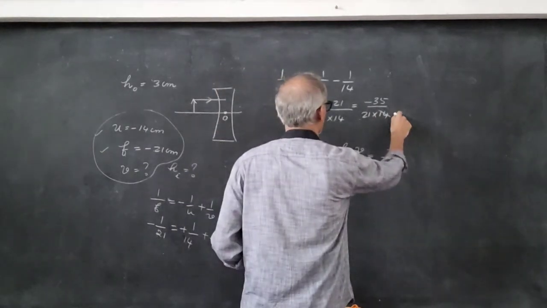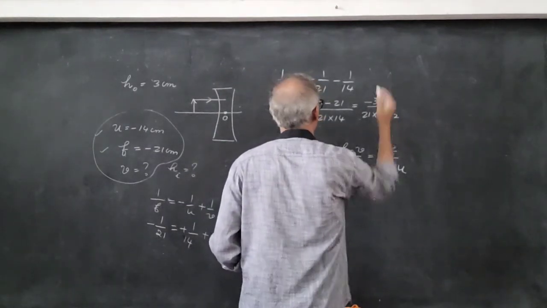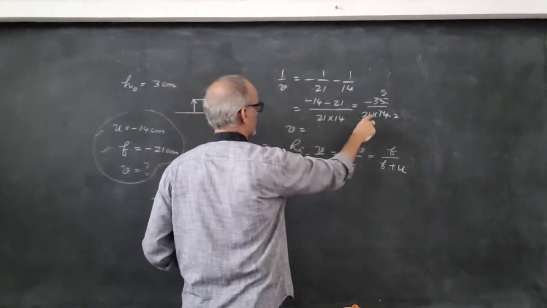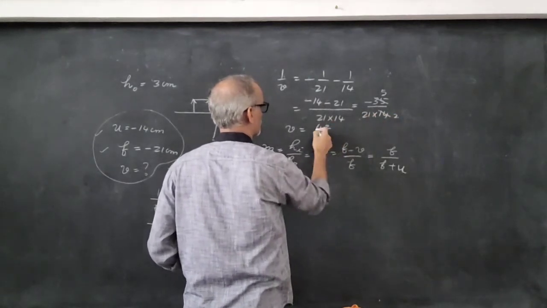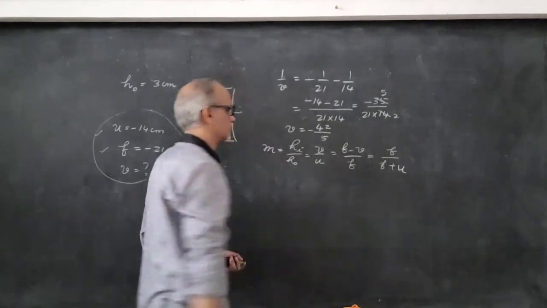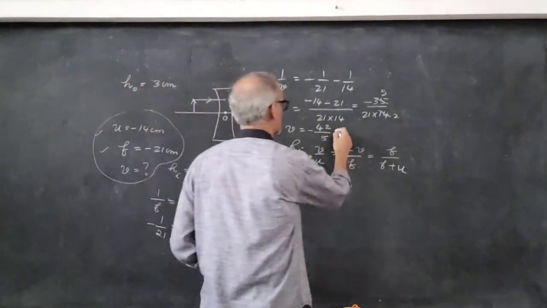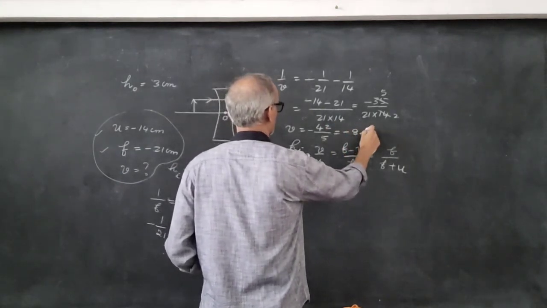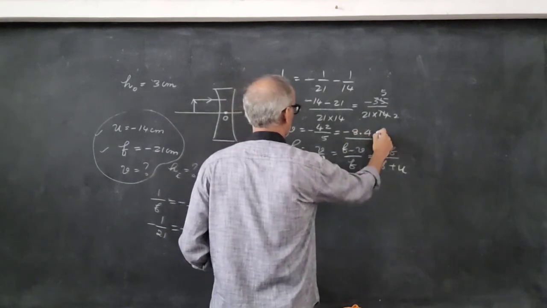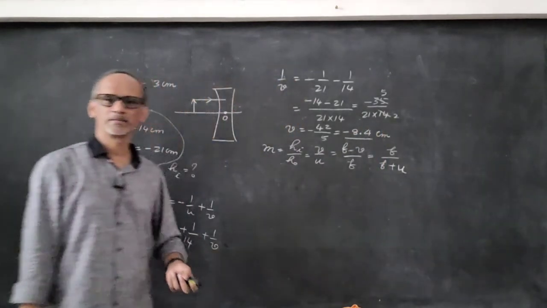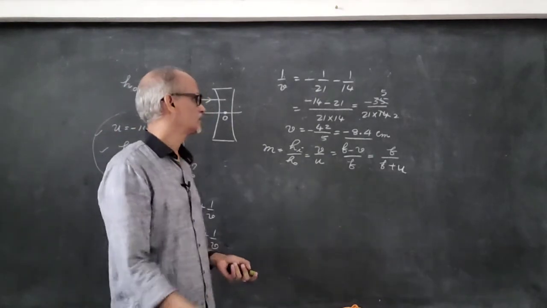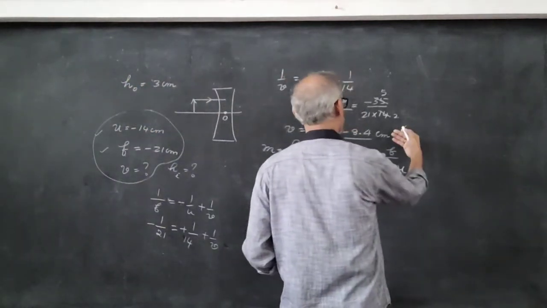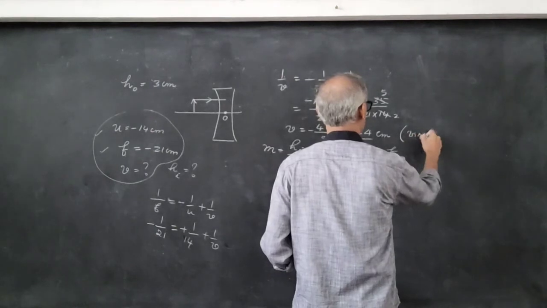So, here we have 7 twos are 14, and this is 7 fives are 35. Therefore, 1 by v is this much, so v is equal to 21 into 2, which is 42, by 5 with a minus sign. We can divide that, and it is equal to minus 8.4 centimeter. That is the answer, and the negative sign again indicates that the image is virtual. It is on the same side, so it is a virtual image.